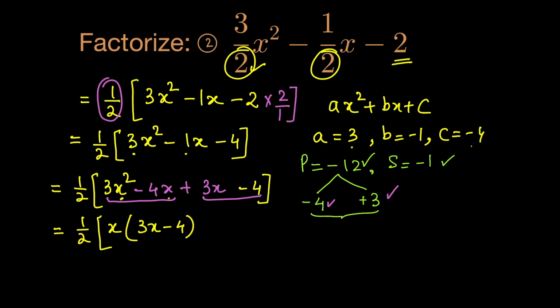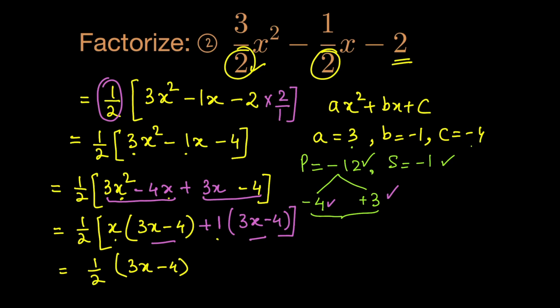After that we have plus, and out of these two nothing is common, so we factor out 1. Always some number should be there. So 3x minus 4. Now you can see this is common, so we get 1/2 times 3x minus 4, and out of the remaining terms we write x plus 1. So this is the way we factorize when you have fractions in the question.